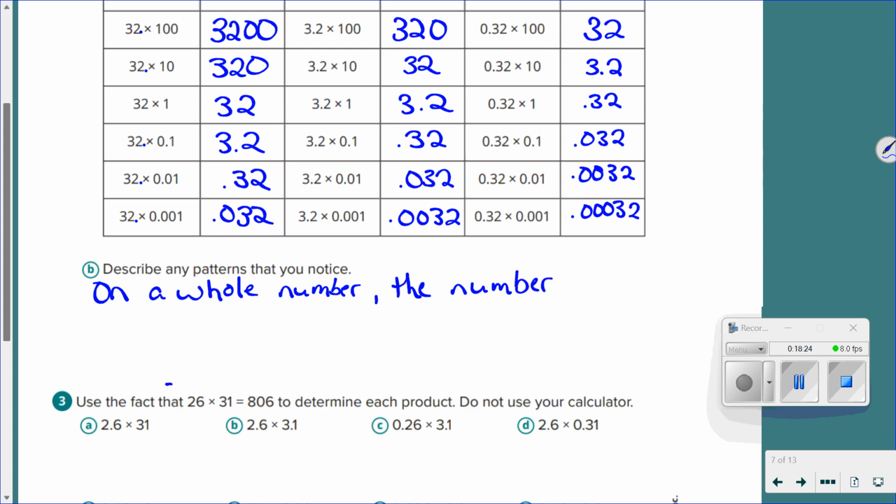On a whole number, are we moving it to the right or to the left? Right.